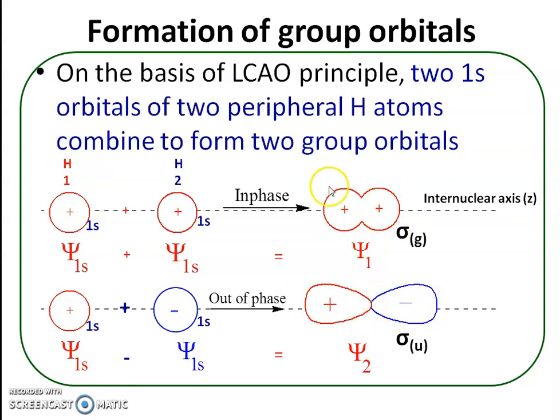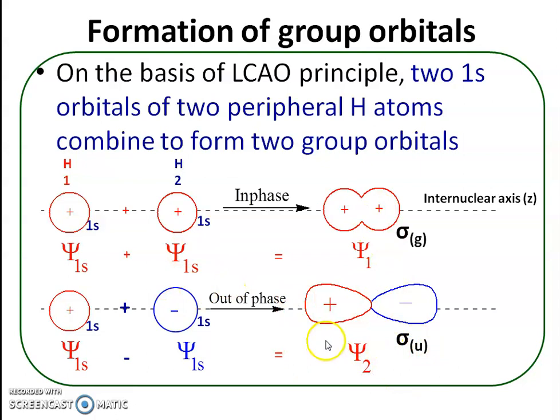On the other hand, the first group orbital, psi 1, has a center of symmetry, and therefore this is gerade. And this psi 2 group orbital does not have a center of inversion, and therefore this is ungerade. So the psi 1 group orbital is labeled sigma g, and the psi 2 group orbital is labeled sigma u.